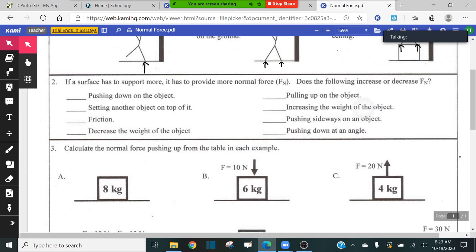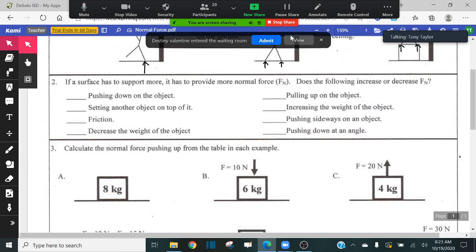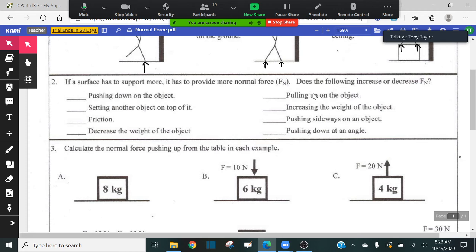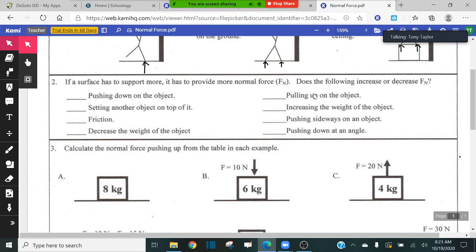Guys, look at number 2 here. I briefly want to label a few things. Number 2 says, if a surface has to support more, it has to provide more normal force. Does the following increase or decrease the normal force? We've already said what happens here. If you push down on an object, that increases the normal force acting on that object from the surface beneath it.